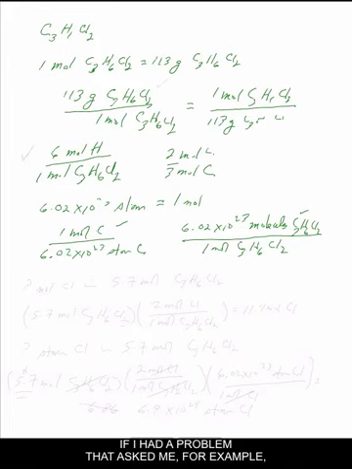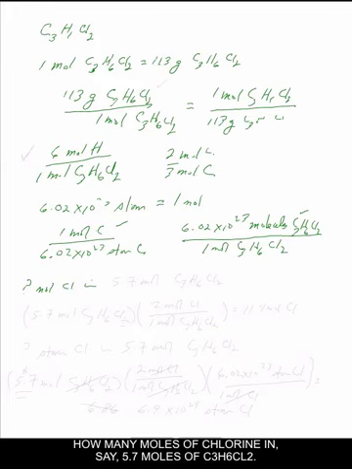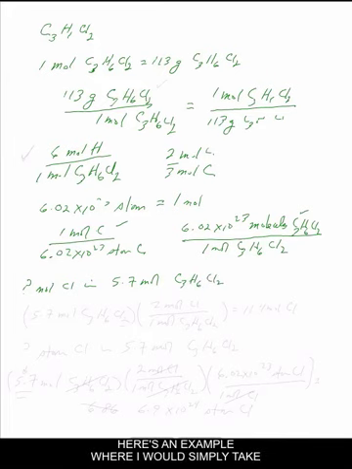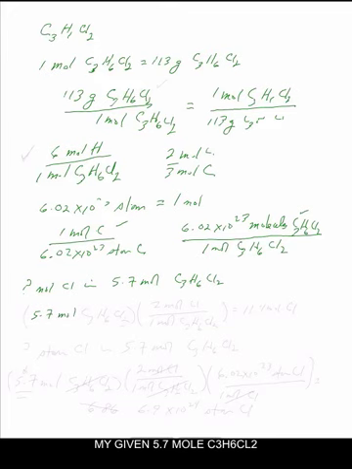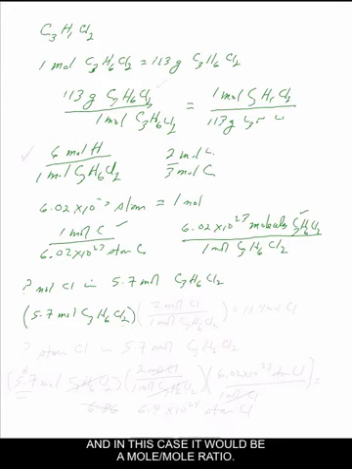If I had a problem that asked me, for example, how many moles of chlorine in, say, 5.7 moles of C3H6Cl2, here's an example where I would simply take my given 5.7 mole C3H6Cl2 and write a ratio that I have, and in this case it would be a mole-mole ratio.